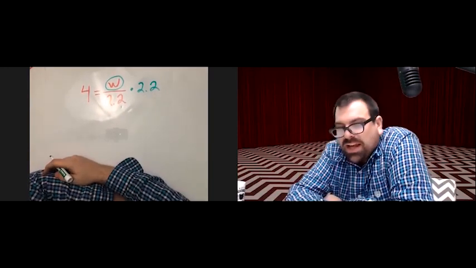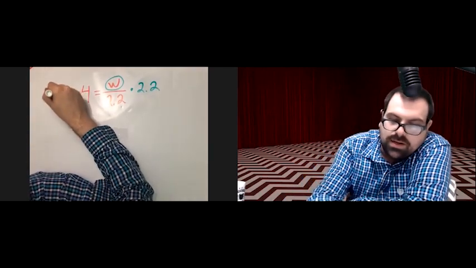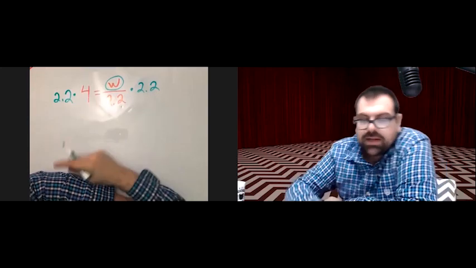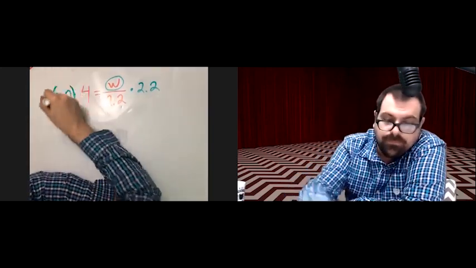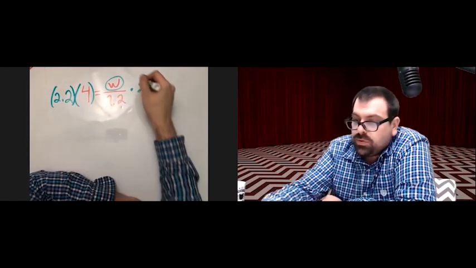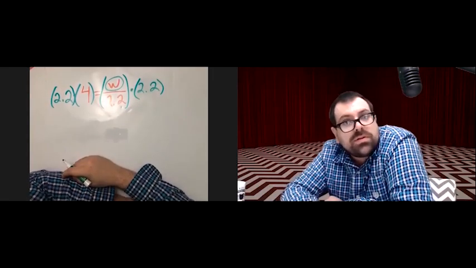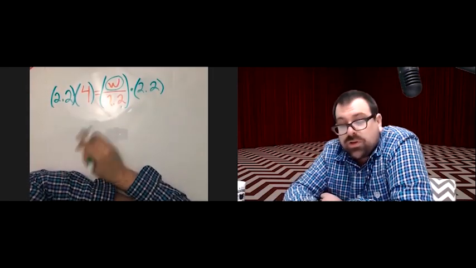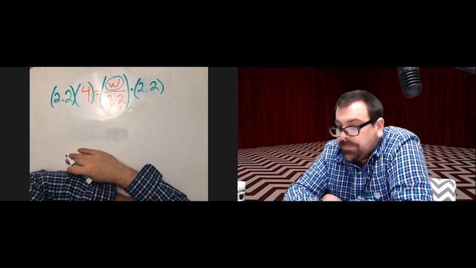So we are multiplying both sides by 2.2. So 2.2 times 4, 2.2 times this division problem. Looks like a fraction because fractions are division problems.